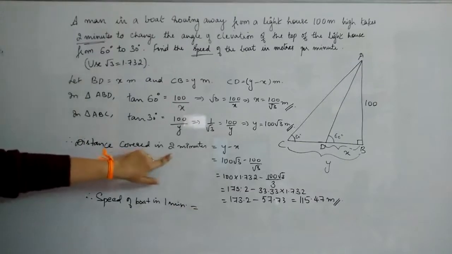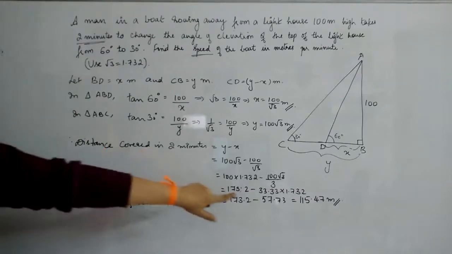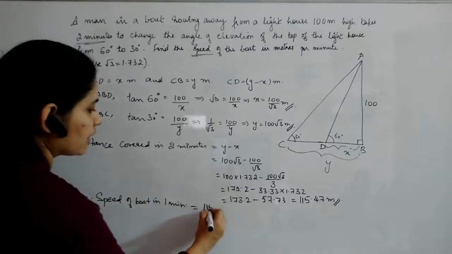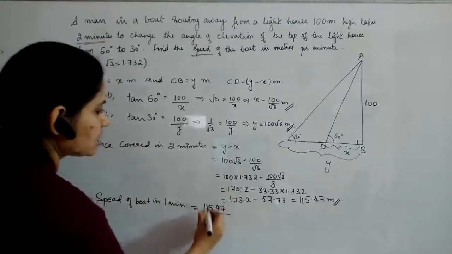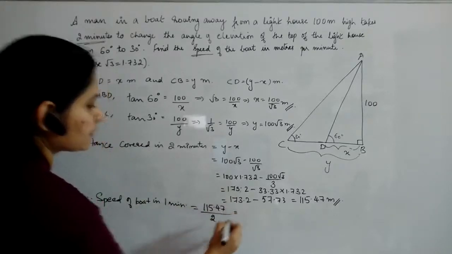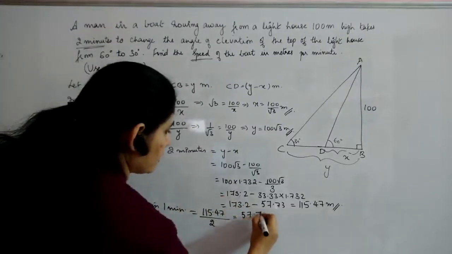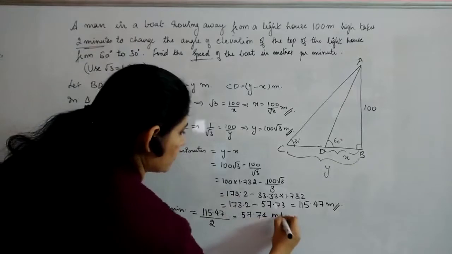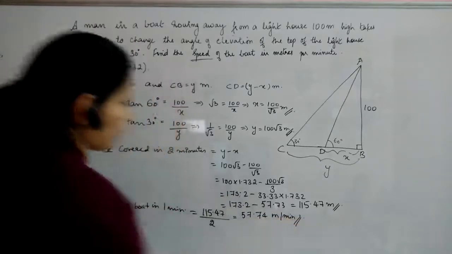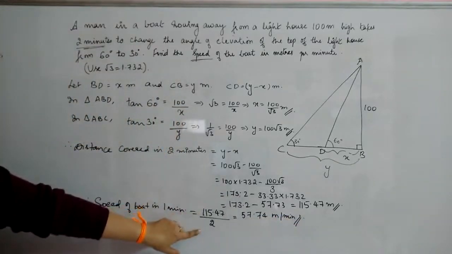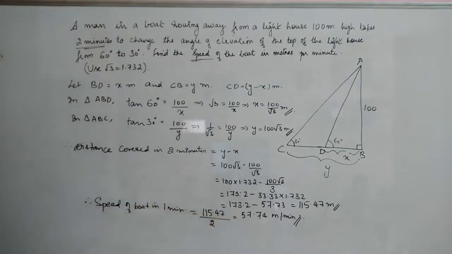In 2 minutes the distance covered is 115.47, so the time is 2 minutes. So 115.47 divided by 2 minutes is 57.74 meters per minute. The unit will be meters per minute. Got it?